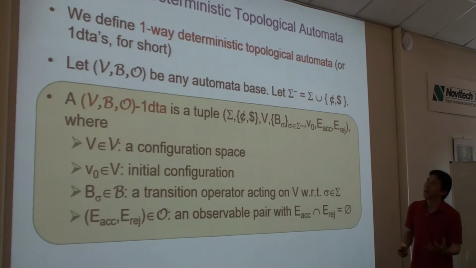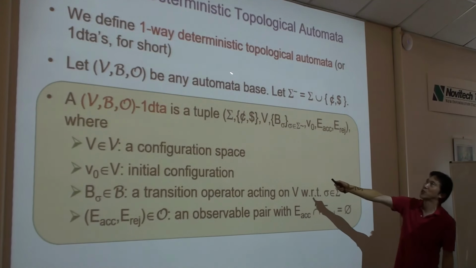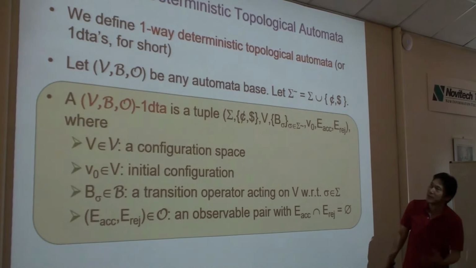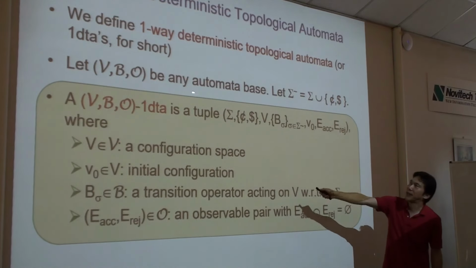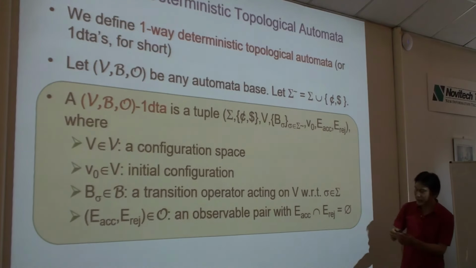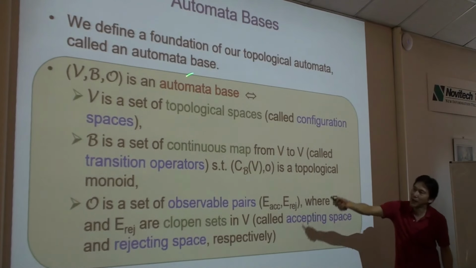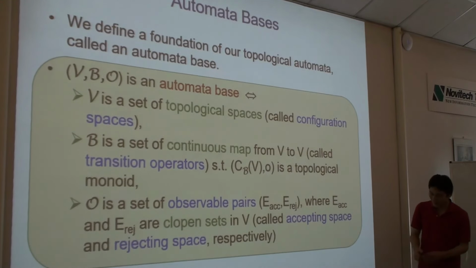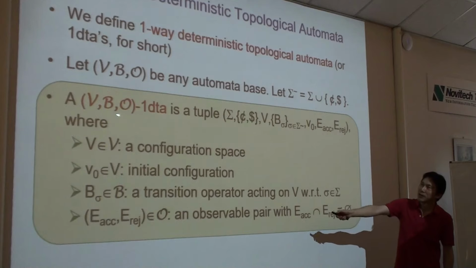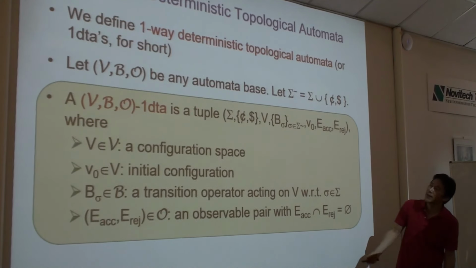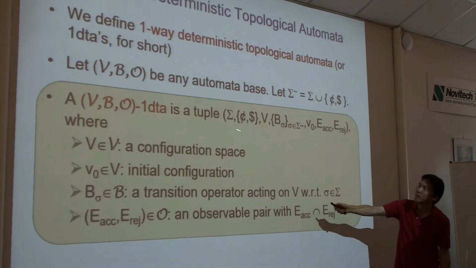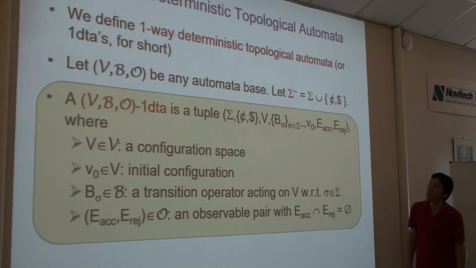Now we'll define the 1DTA, one-way deterministic topological automata, as shorthand. We fix the automata base, defined in this way, so we have three elements, V, B, and O. Based on this triplet, we consider the automata. The 1DTA has a form pretty similar to the standard one.